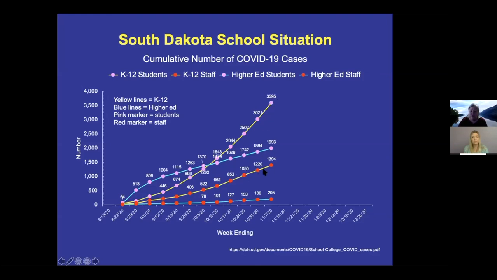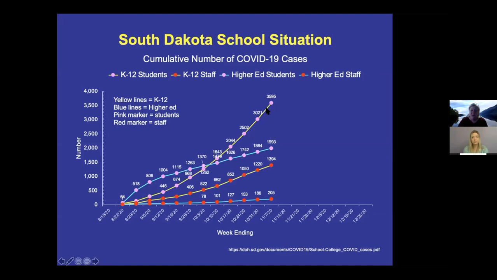The yellow line with the red dots are the staff at K-12 institutions. This blue line with the pink dots are students in higher ed. And down here, the blue line with the red dots are the staff in institutions of higher education.